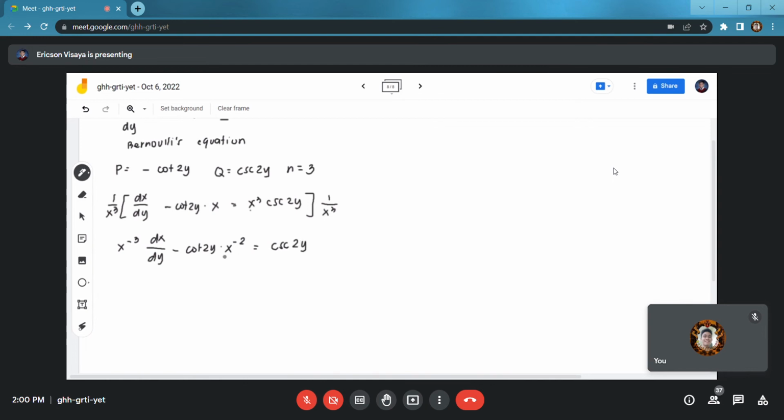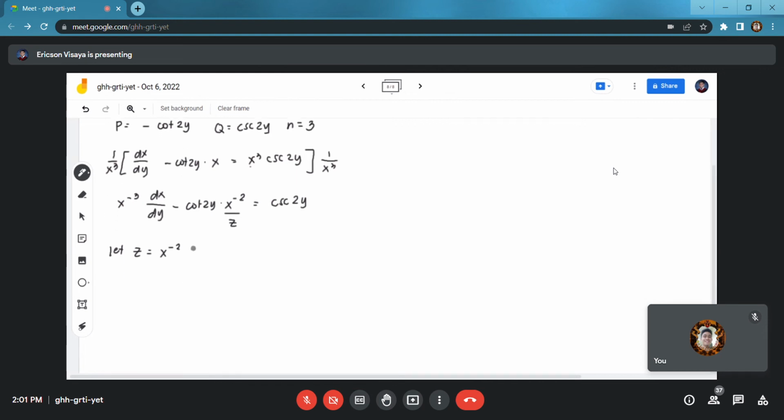So this is what we consider z. Let z be equal to x raised to negative 2. Then we need to take its derivative with respect to y. So dz over dy is equal to, what is the derivative?